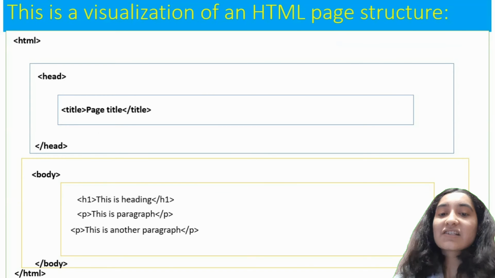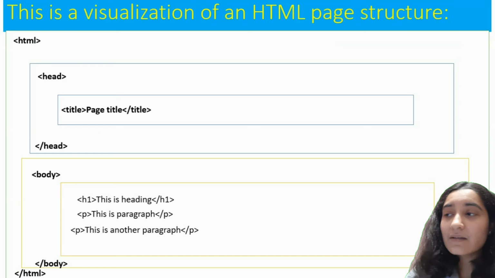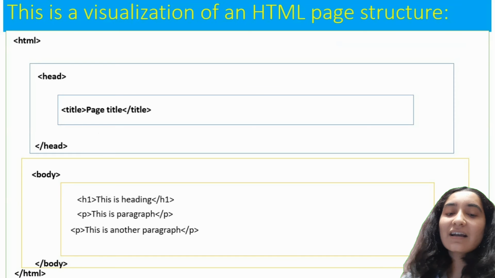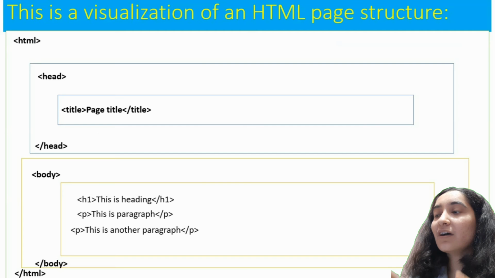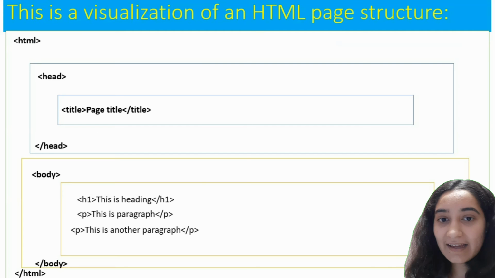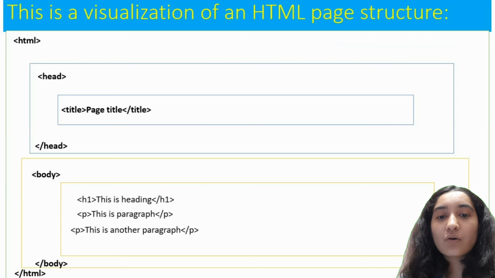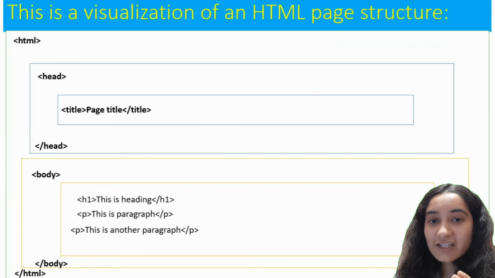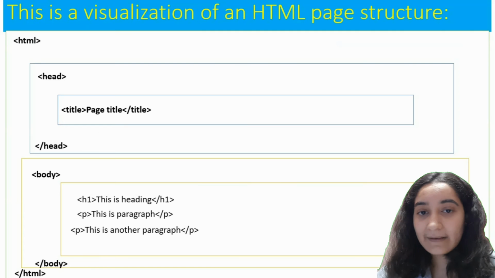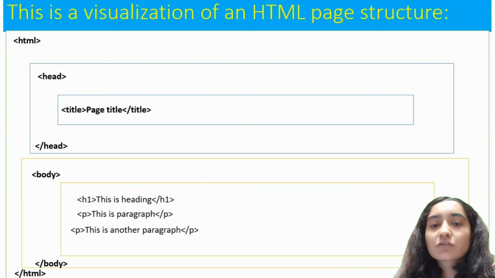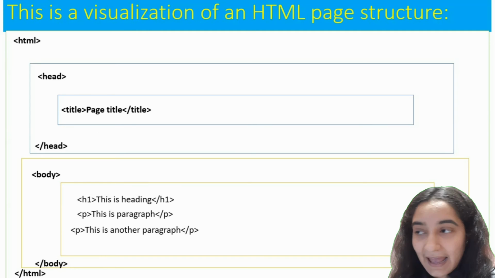Let's see the structure of our HTML page. It starts with an angular bracket inside which HTML is written, and it is closed with a forward slash. Forward slash means closing the tag. So it starts with the HTML tag.